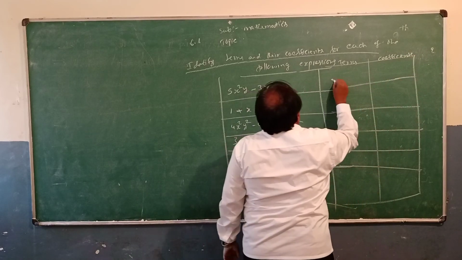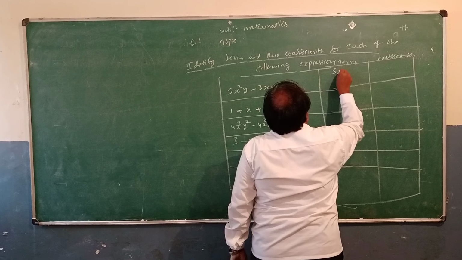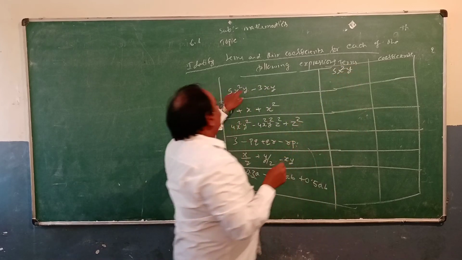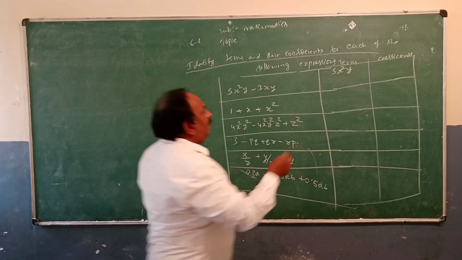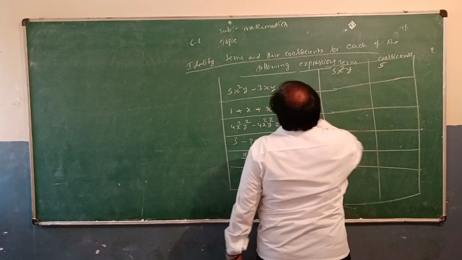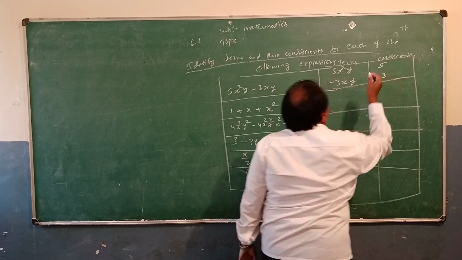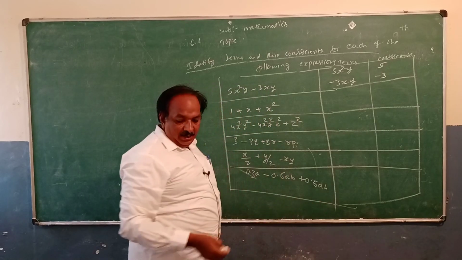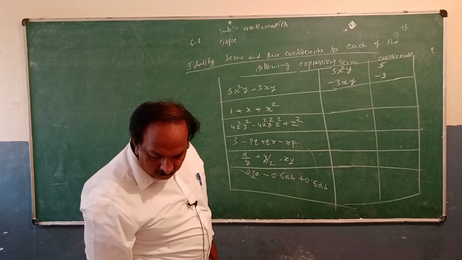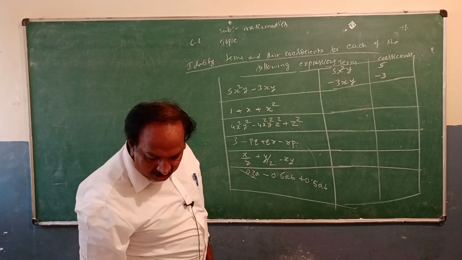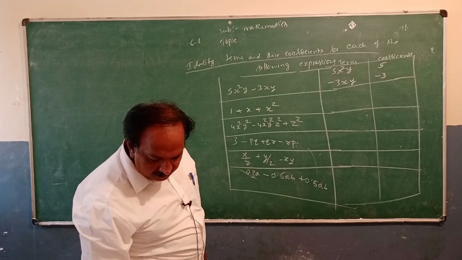The term is 5x square y. Coefficient is 5. The term is minus 3xy. Coefficient is minus 3.